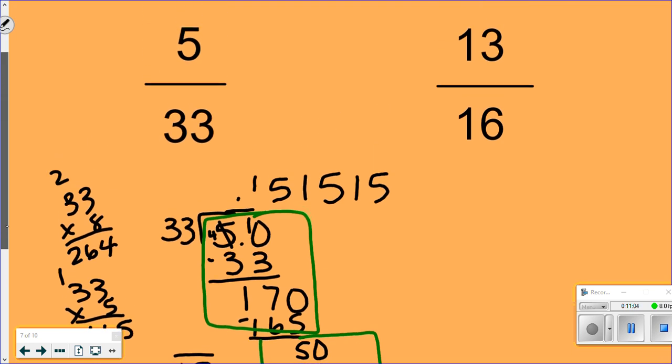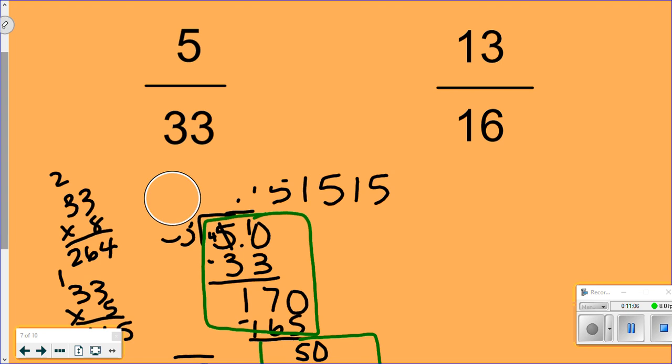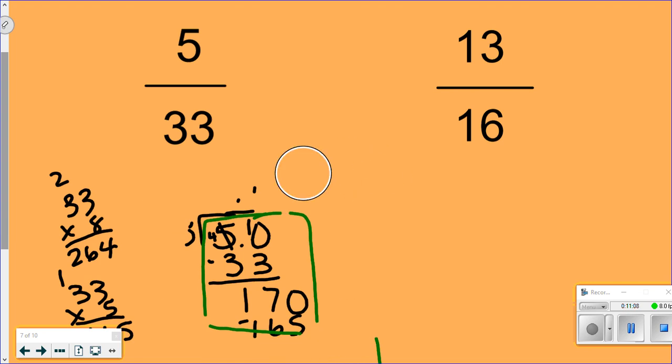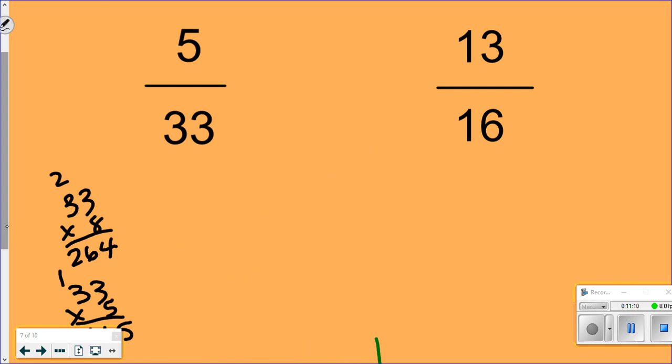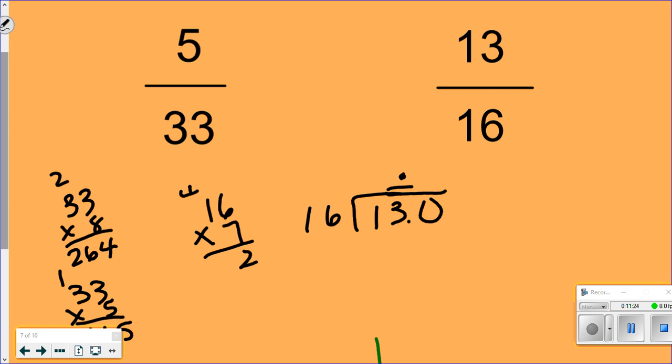Okay. Now, if I do this one over here, 13 divided by 16. Let's see. 16 times 8, 28.